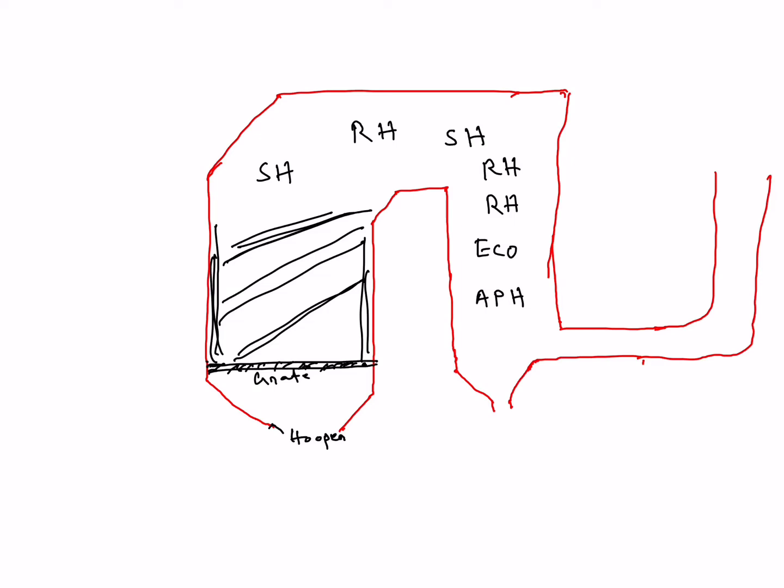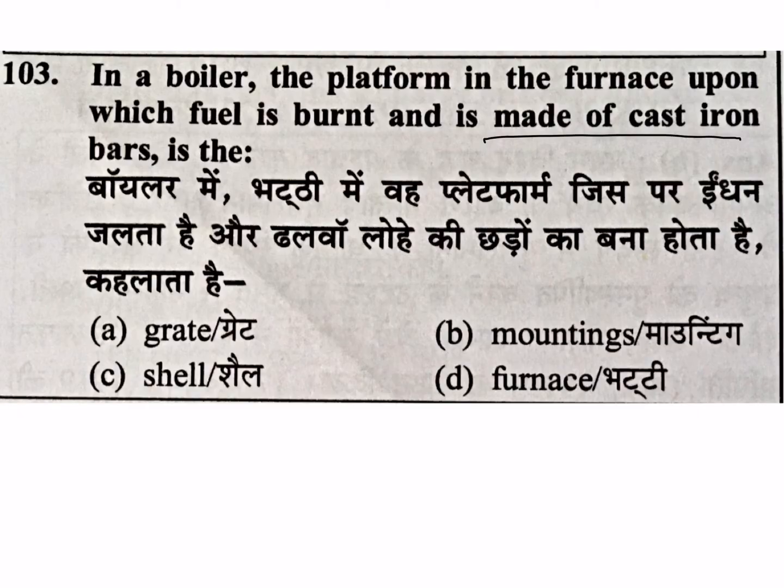Then your ESP will come. Here in this area you will get ESP, then your ID fan, then chimney. So in this question they asked the platform in the furnace upon which fuel is burned and made of cast iron. It's grate.